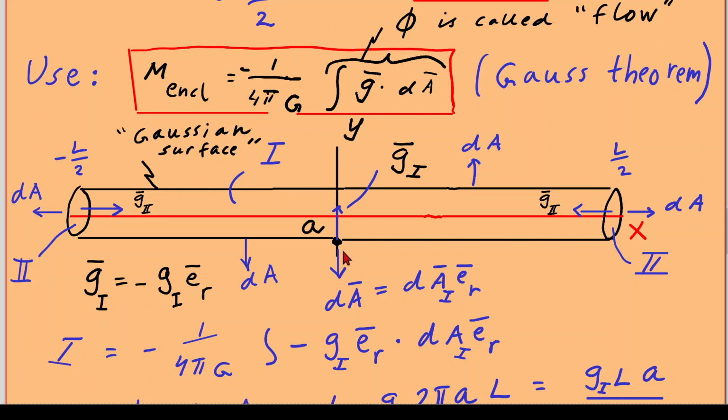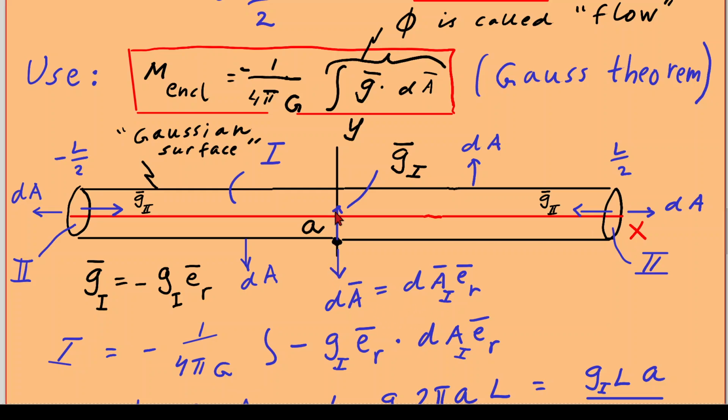And you also have a surface element here, but that is always directed out from the surface. So in this case downwards, or in that case upwards. Here it would be to the right, there to the left. By convention, we say the normal direction is from the surface outward.